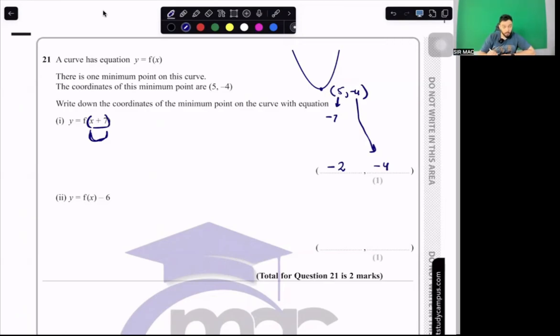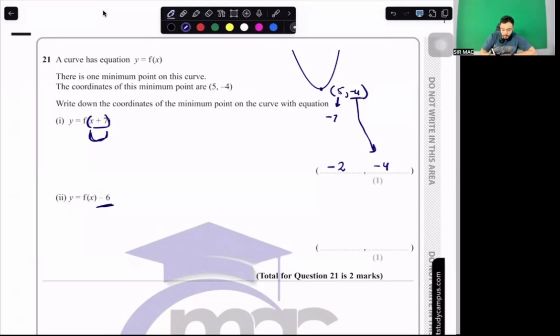Now in this one, f of x minus 6. Whenever it is f of x and then you're subtracting 6 from it, nothing is being changed inside with f of x, so we actually just have to subtract the value that's written at the end from the value of y.